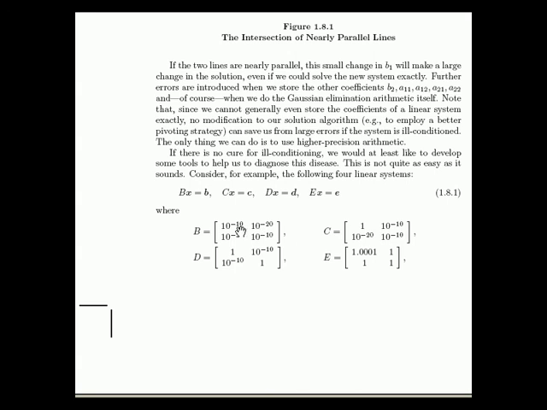For example, this matrix here and this one represent exactly the same two lines, and if you take the determinant of this, it'll be extremely small, and the determinant of this is nearly 1, but it's only because B is basically D multiplied through by 10 to the minus 10. So the determinant's not a good measure of ill-conditioning because it depends on the scale.